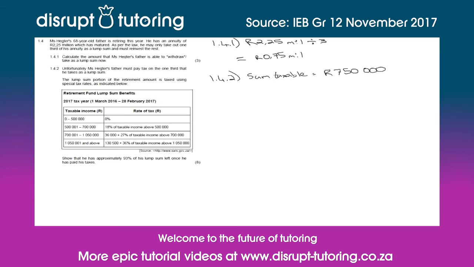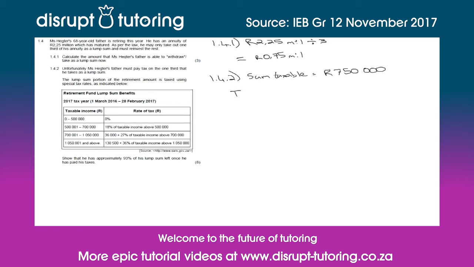You can work that out by multiplying 0.75 by 1 million. So this is the amount that will be taxed. If we look at this table, this falls in the third category, which is 36,000 rand plus 27% above the 700,000.